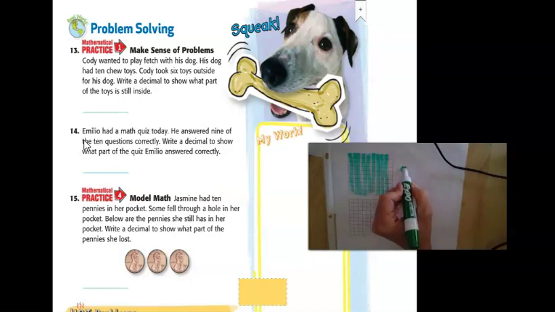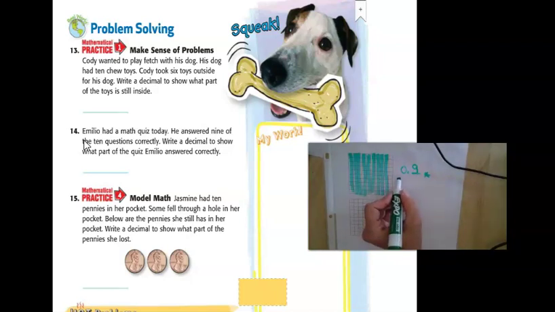So I'm going out to my tenths place. I don't need my hundredths place because I didn't draw any dots or any squares. I only drew rows. So I shaded 9 rows.